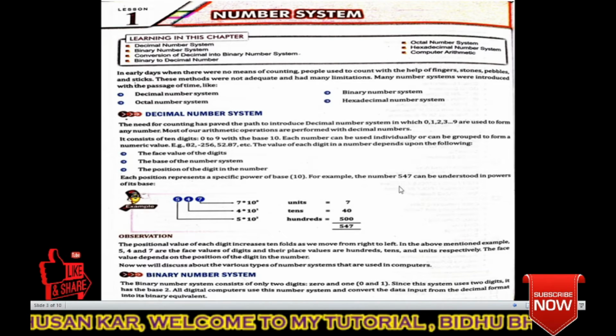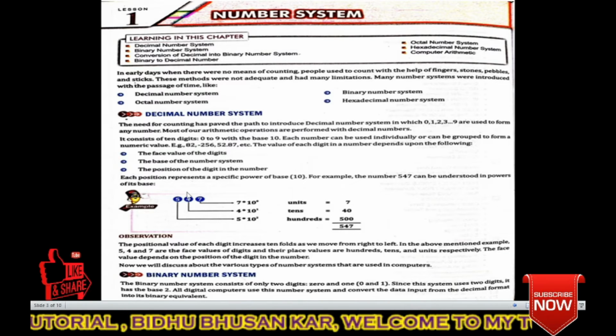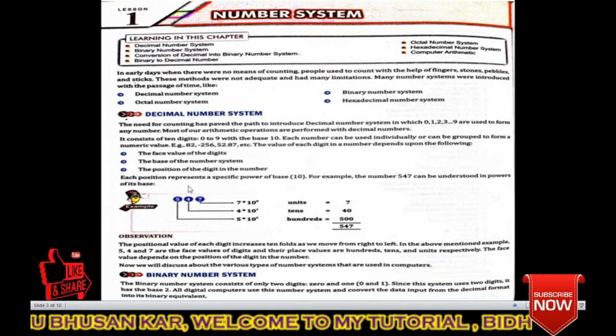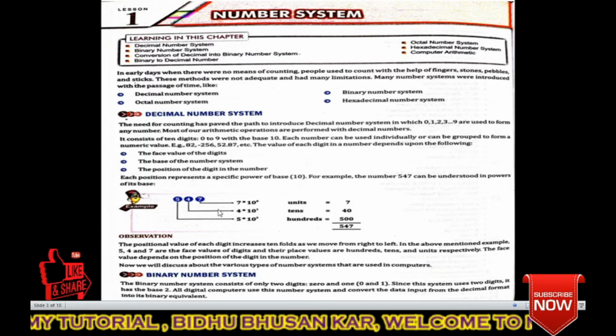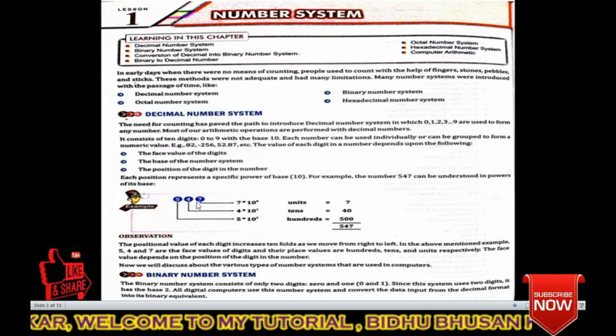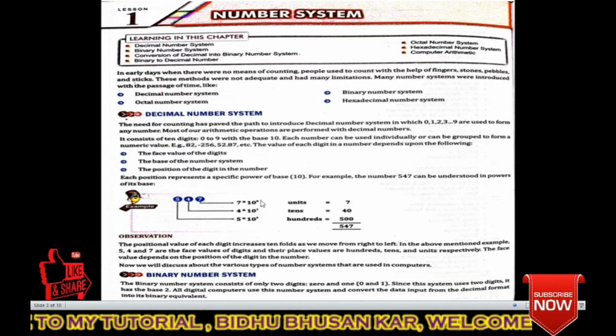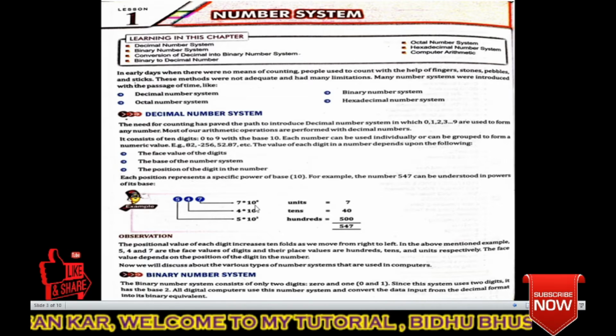For example, the number 547 can be understood in powers of its base. How can we represent 547 in decimal number system? See, 7 into 10 to the power 0.